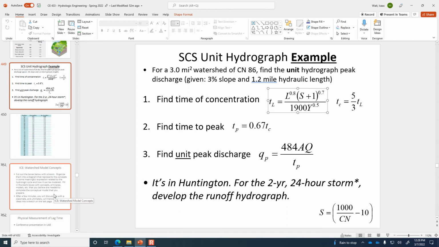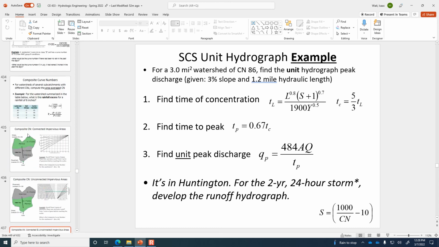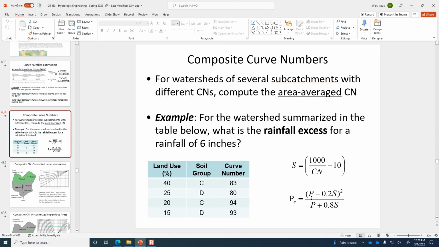And we're going to use the NRCS method to tell us how much precipitation excess there is going to be for this storm. So just to have it on screen as I also write it on the board, the NRCS method that we're using is this one.